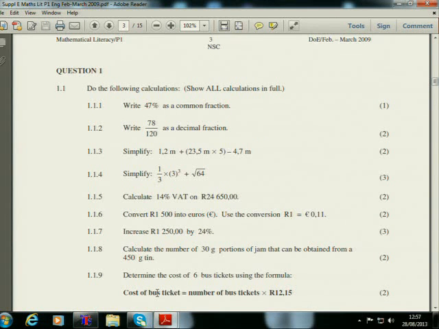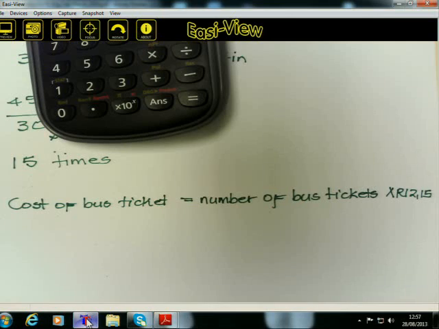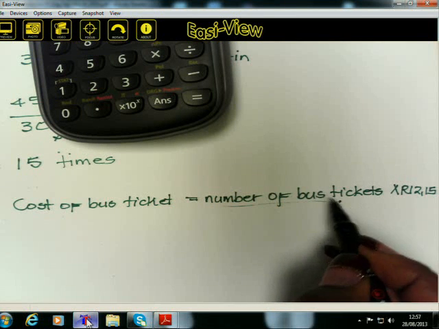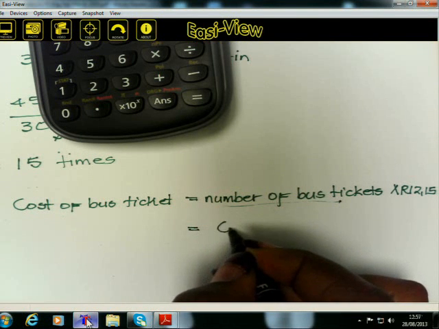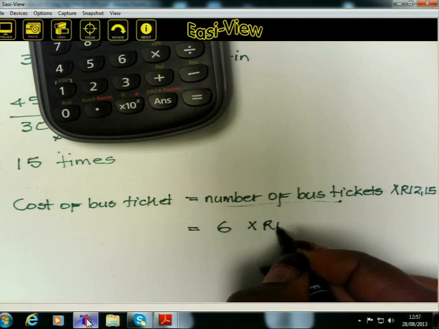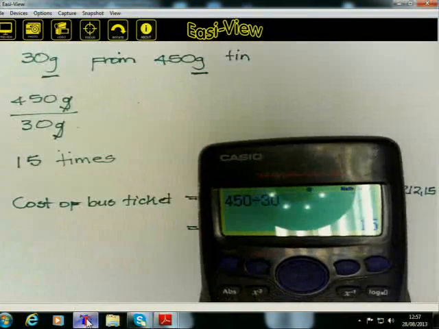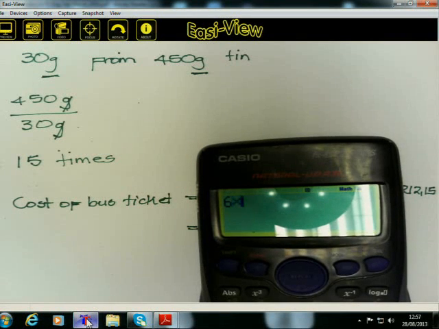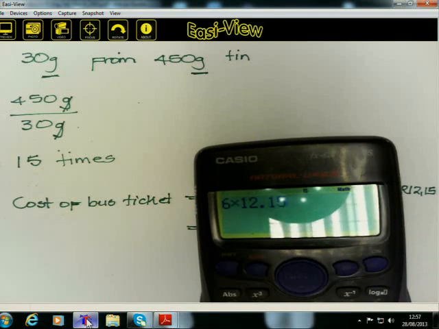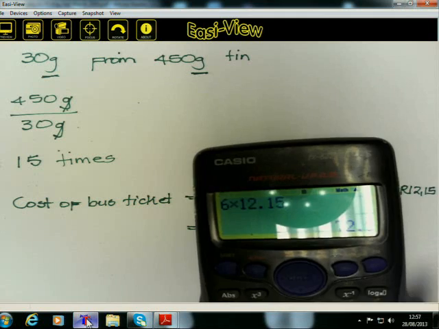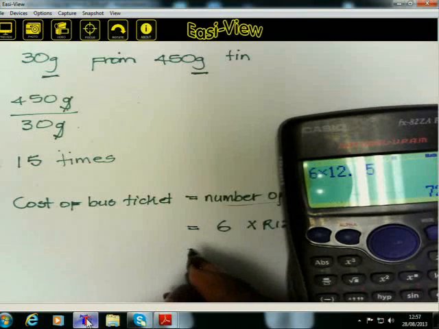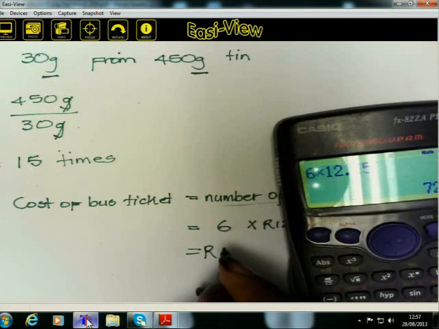So if the number of bus tickets is 6, then that is the number that we are going to substitute in the number of bus tickets. We will multiply that 6 by 12 rand 15 cents, punch that in our calculators, and we get 72 rands 90 cents. Remember your units.